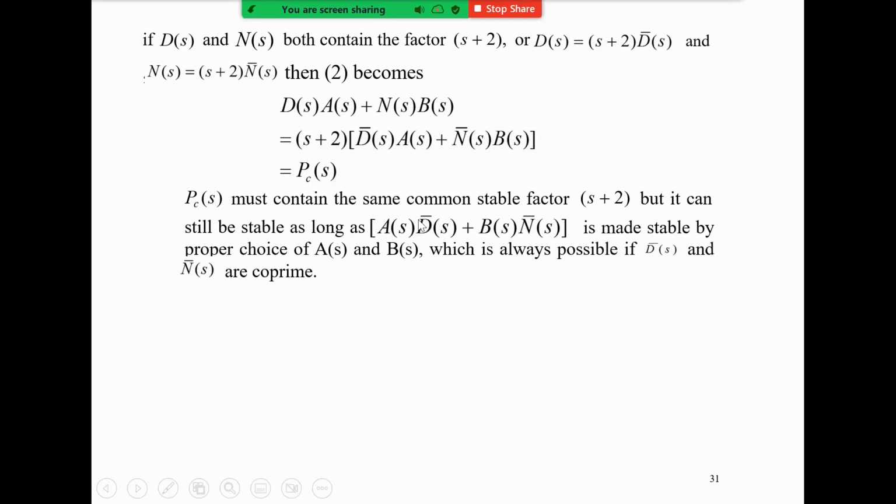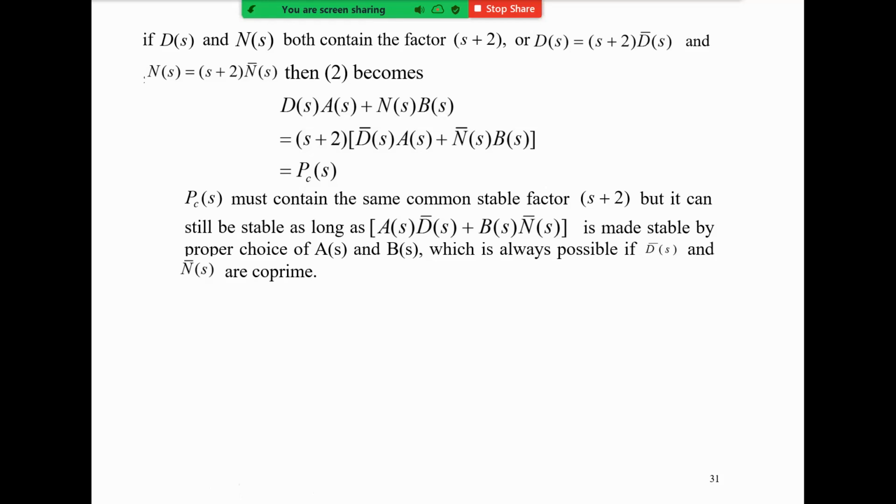You choose your A and B such that A times D bar plus B times N bar is stable. Of course, we know it is possible, because we know D bar and N bar are coprime. You can place any poles of this polynomial. And although this pole S equals minus 2 cannot be changed by the feedback controller, we know it is stable.